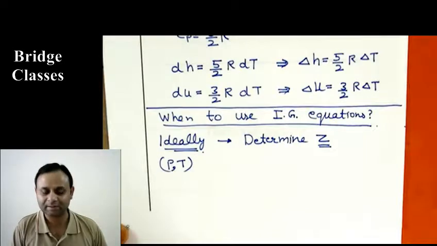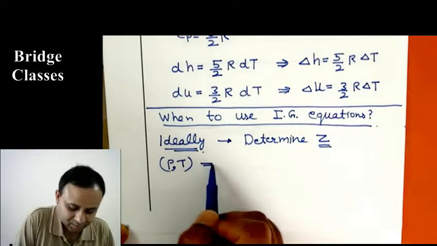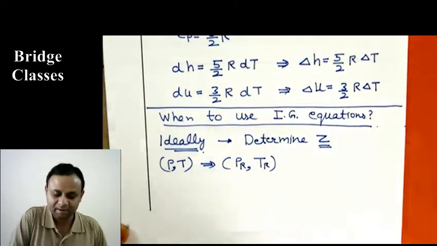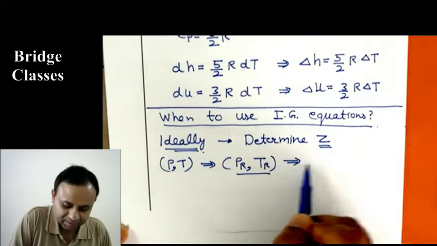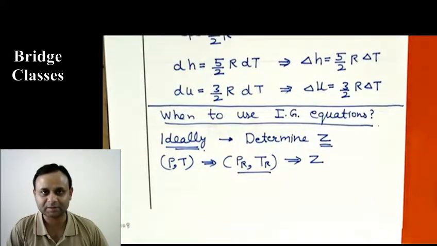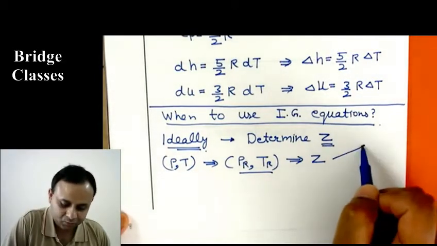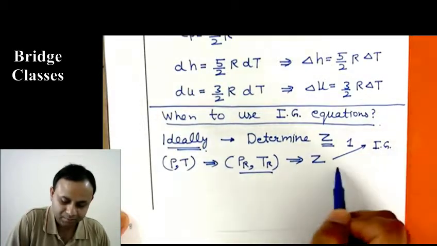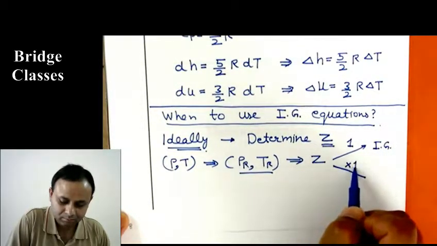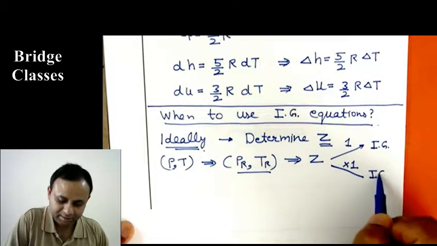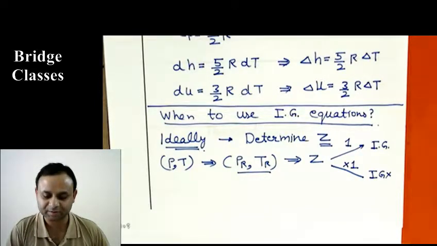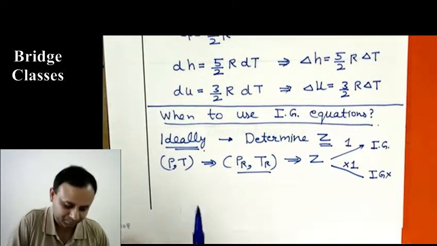For oxygen or any other gas, first we can determine reduced pressure and reduced temperature, and based on these, we can read the value of Z from the generalized compressibility chart. And if Z turns out to be 1, that means you can use the ideal gas law. And if it is not 1, then you can't use ideal gas law. You have to read all the values from the property tables. You can't use ideal gas law and all the other laws. So that is the way ideally we should do.